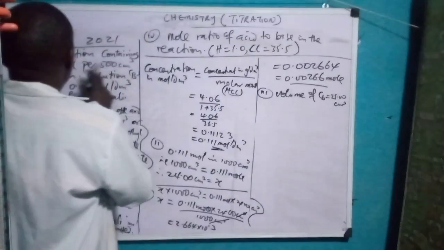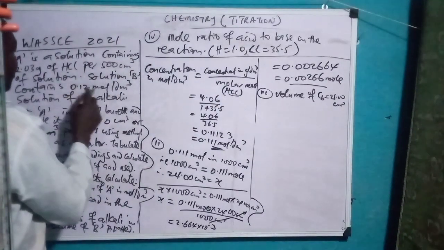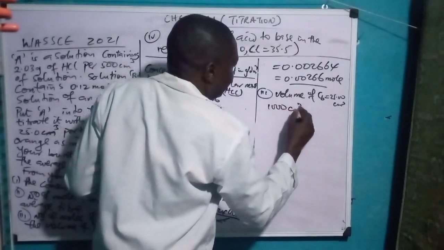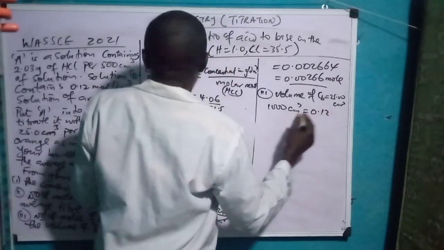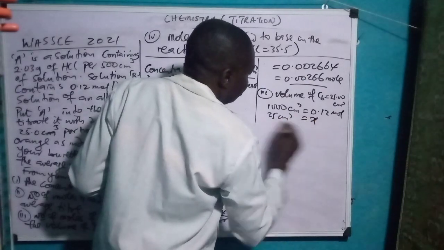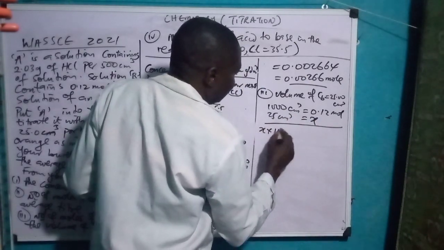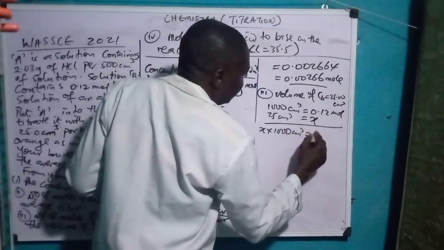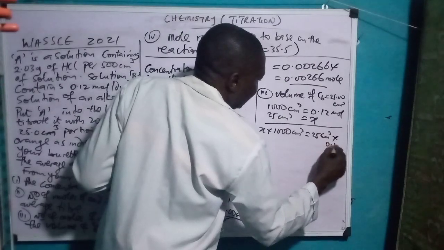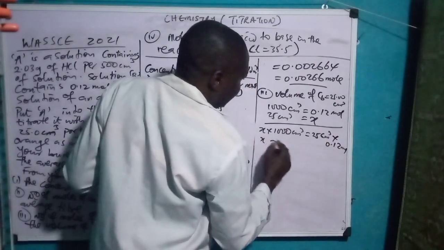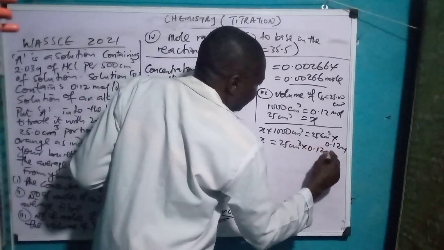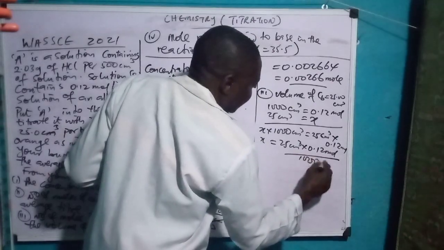And here you have 0.12 mole per dm cube. 1000 cm cube equals 0.12 mole. 25 cm cube equals x. Cross multiply. x times 1000 cm cube equals 25 cm cube times 0.12 mole. x equals 25 cm cube times 0.12 mole over 1000 cm cube.